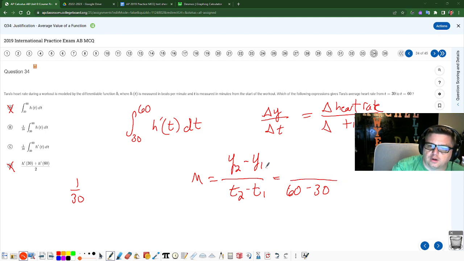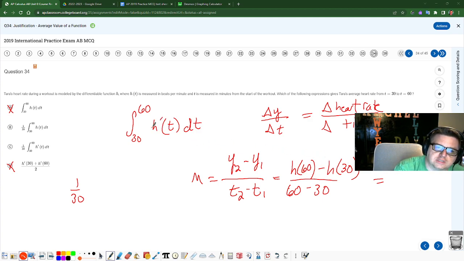So we're going to get 30. But what is going to get us y2? Well, that's going to be h of 60 minus h of 30. That's what we want to have up here. And the only way to get that is if we integrate. We don't want to integrate h of t, because that's what we actually want to plug into our formula.